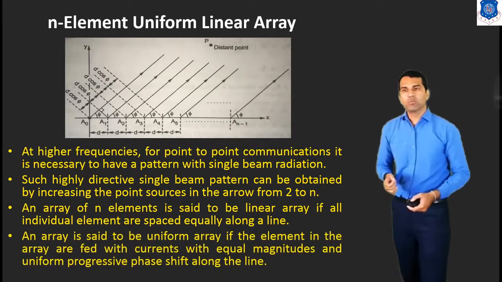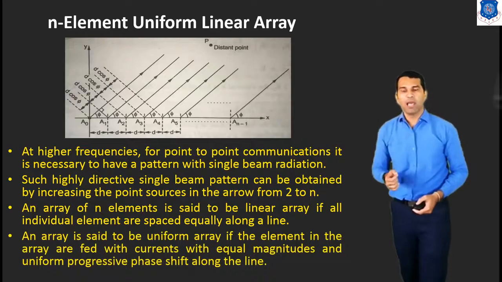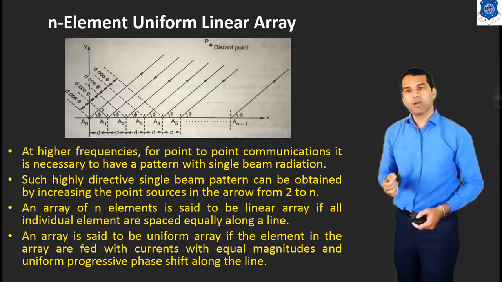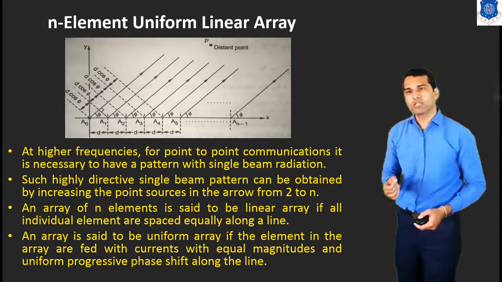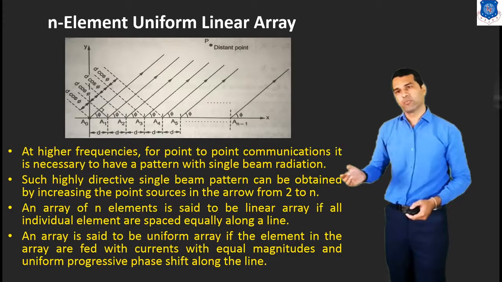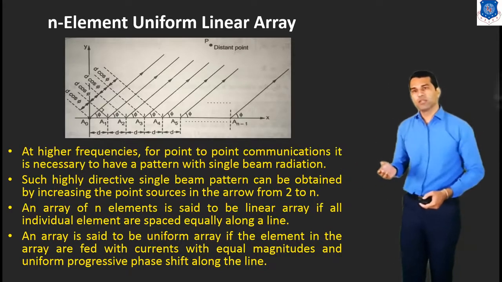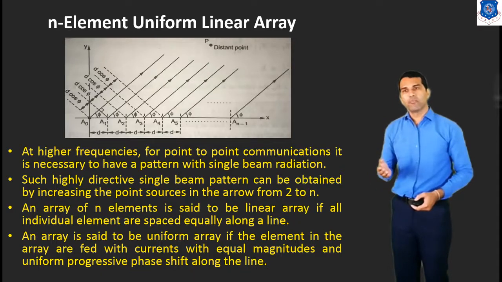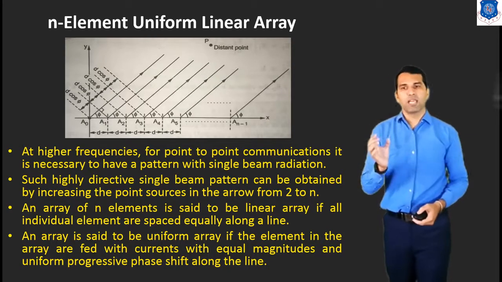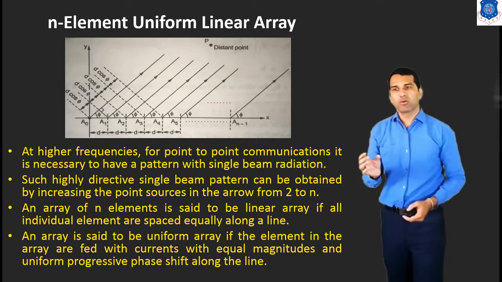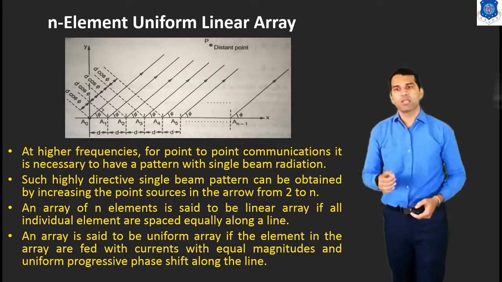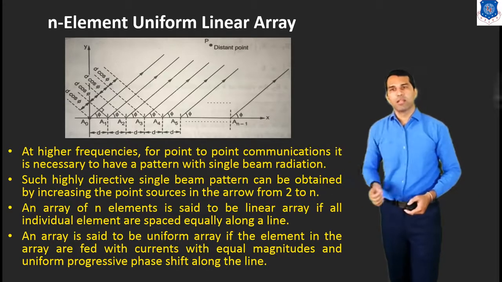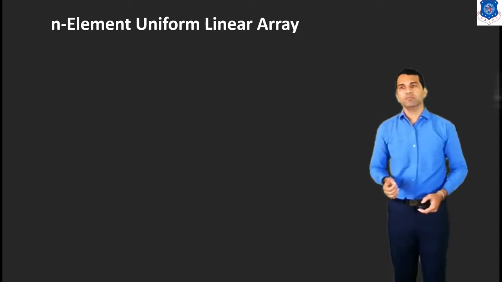An array is said to be a uniform array if the elements are fed with currents of equal magnitude and uniform progressive phase shift along the line. So here we consider the linear uniform array. That means the separation is the same and the currents have equal magnitude and uniform progressive phase shift in these elements.